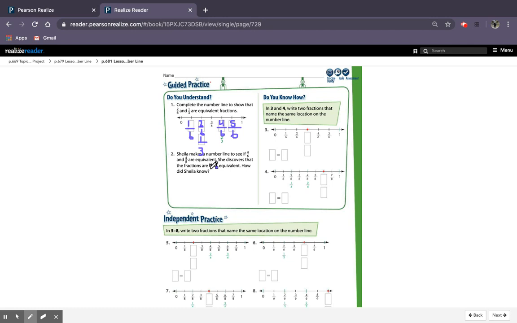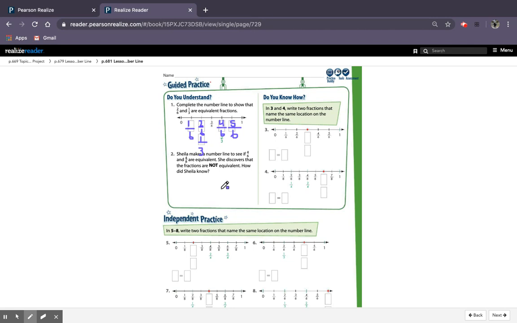For number 2, it says, Sheila makes a number line to see if 4/6 and 4/8 are equivalent. She discovers that the fractions are not equivalent. How did Sheila know? So for this, you could have drawn number lines if you felt like that was the best way to explain your answer. I am just going to give a sentence answer example, but obviously if you put something else, I'll look at it when it's turned in.